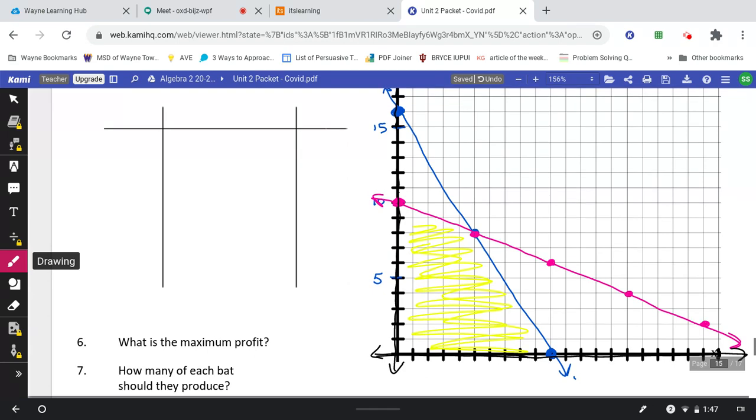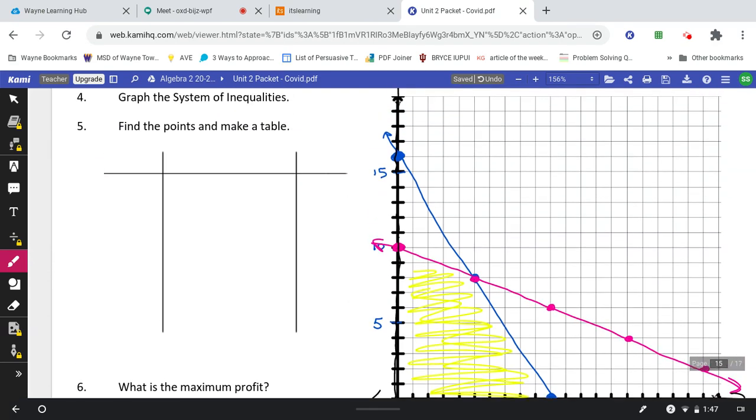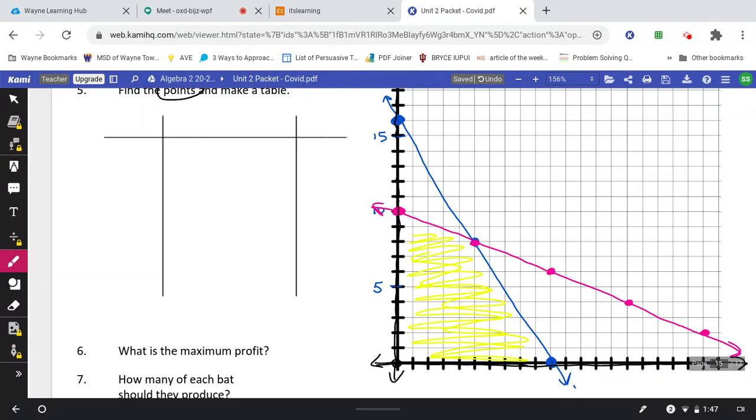Once you've drawn that, you are going to now create your table. So when it says find your points, those are your corner points. That's going to be this one down here, 0, 0. This pink one up here, which would be 0, 10.